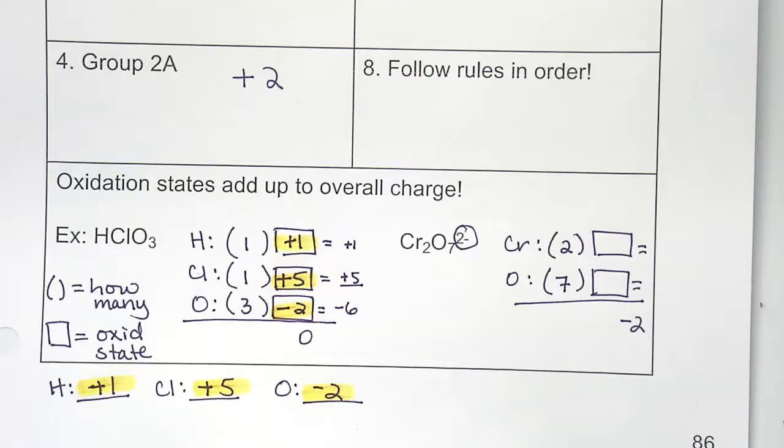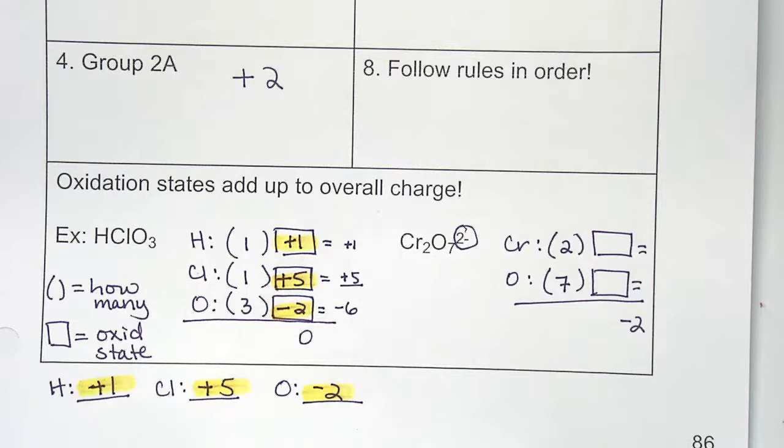What's the rule for chromium? The second one. Nope, because it's not the rule for, so it's not chromium by itself. Oh, so that's a really good point. The second rule is when you have one element by itself, that tells you its charge. Okay, so we don't have a rule.